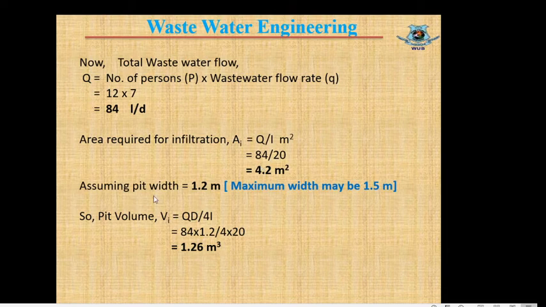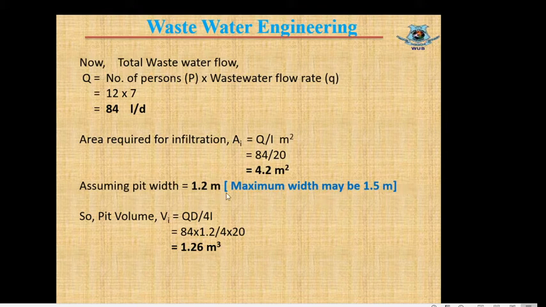Now assuming pit width equal to 1.2 meter, as the pit will be square, the width and length will be the same, and we have picked that value as 1.2 meter. The maximum width may be 1.5 meter, and this is also the design of a pit latrine.